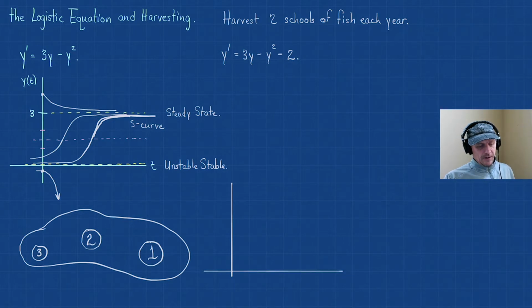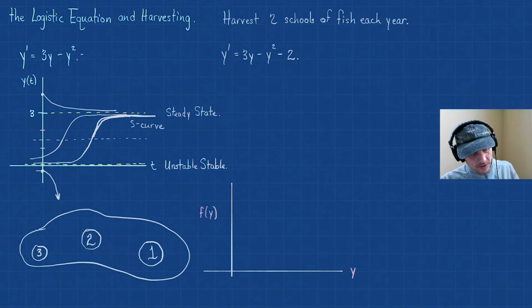And on this graph, we need to do a little more notation. We're going to plot y on the horizontal axis and f of y on the vertical axis. Now recall, f of y is just another way of identifying y prime in this autonomous equation.